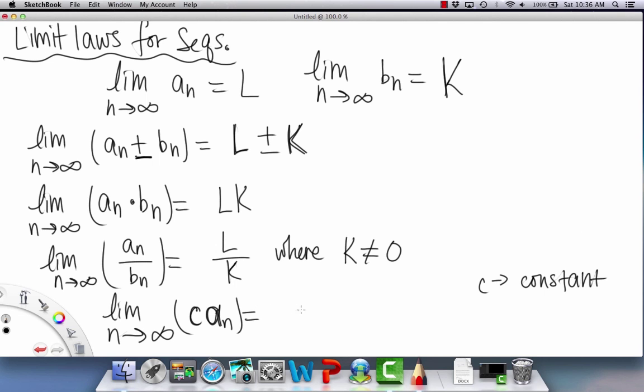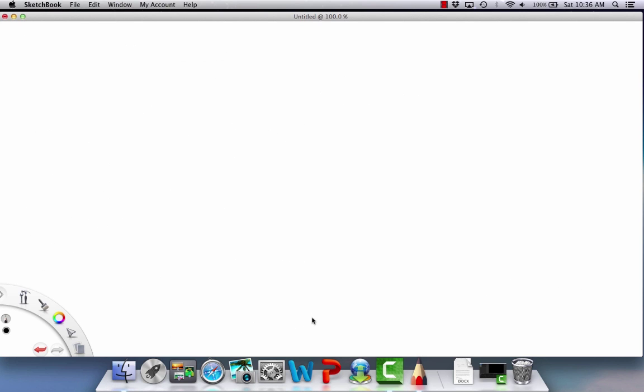Then we could bring c outside. c goes outside the limit, and then we just have L, whatever the limit tends to. Okay, so that's it for those. And now we'll go on to something called a geometric sequence.